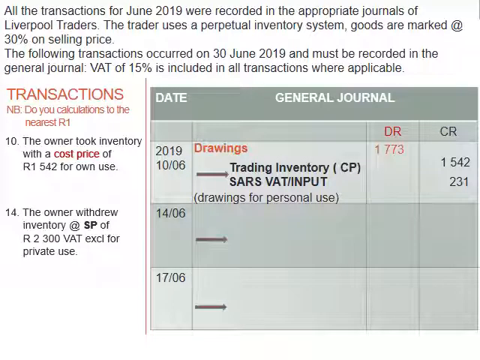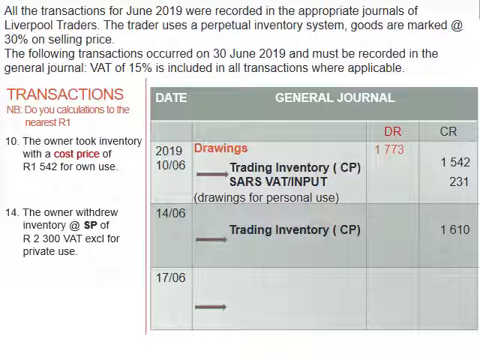Transaction 14. The owner withdrew inventory at selling price of 2,300 excluding VAT for private use. The trading inventory will be recorded at cost price on the credit side, calculated on the markup of 30% on selling price as 1,610.